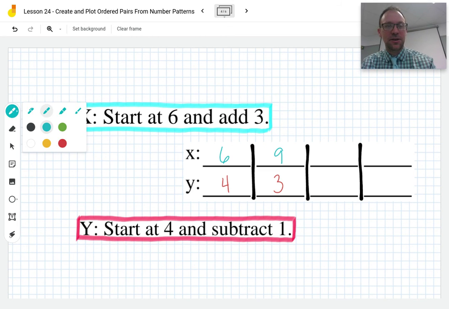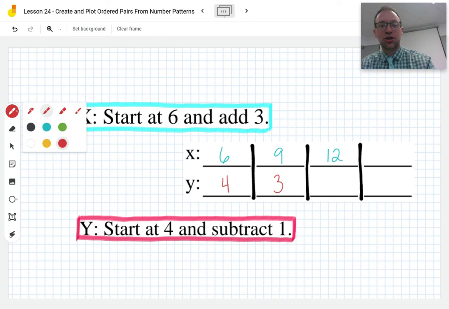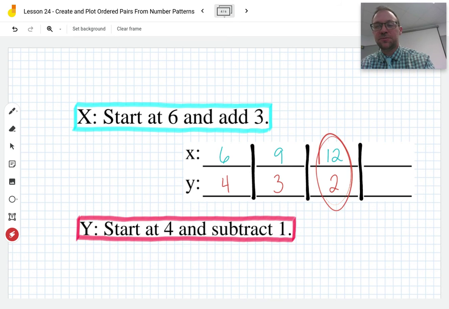Okay. Did you add 3 to the 9 and get 12, and subtract 1 from the 3 and get 2? I hope your next ordered pair was 12, 2. And then did you continue on with this pattern?